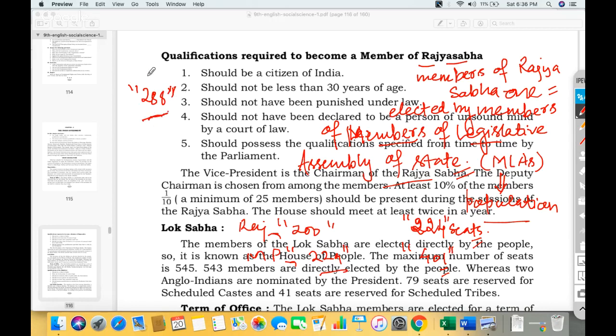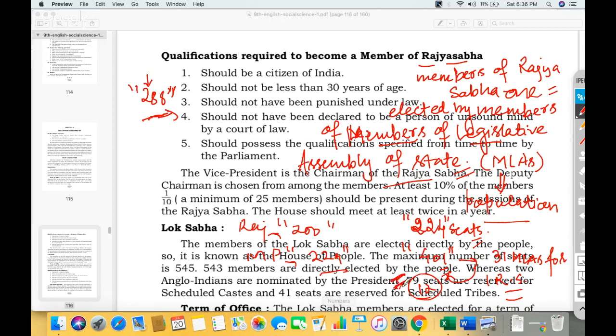Now this is fixed. It has already been decided how many members are needed to elect one Rajya Sabha member. Like in UP, you need 31 MLAs for one Rajya Sabha seat. So you can have maximum 10 to 12 seats every 2 years.